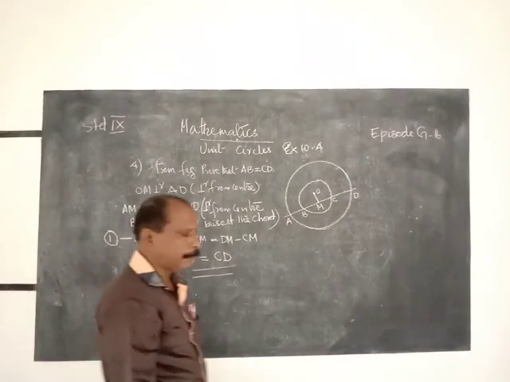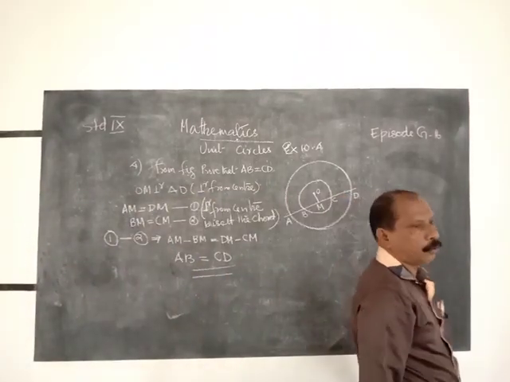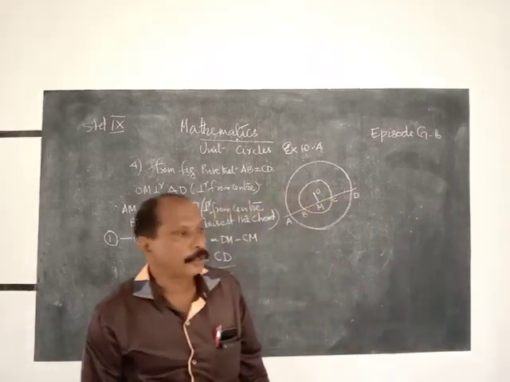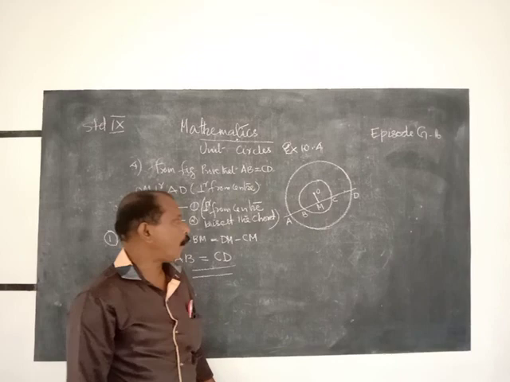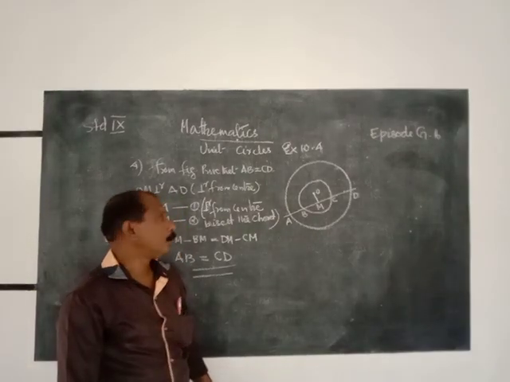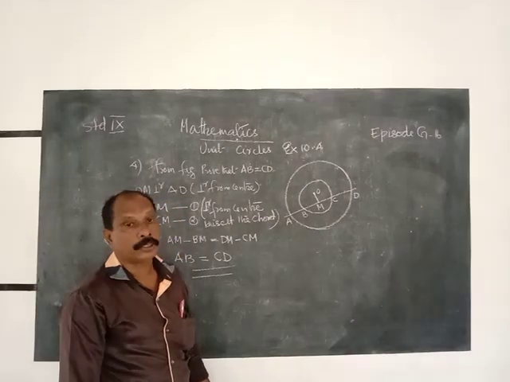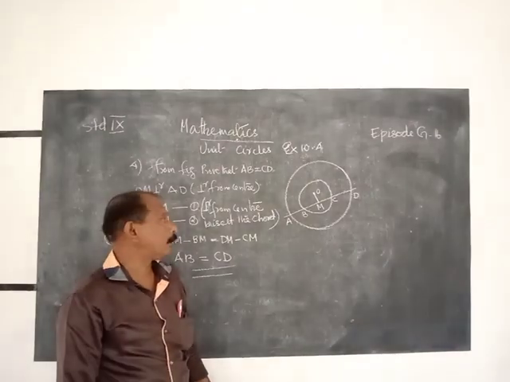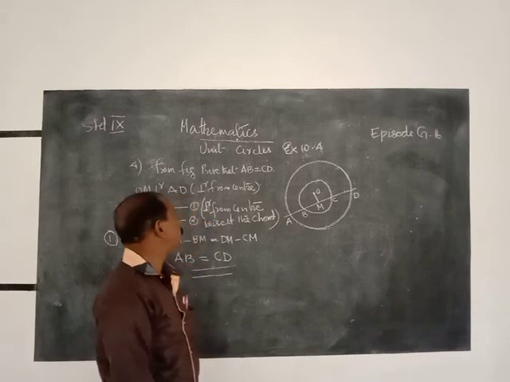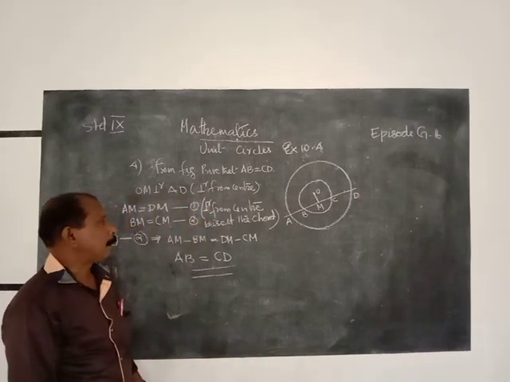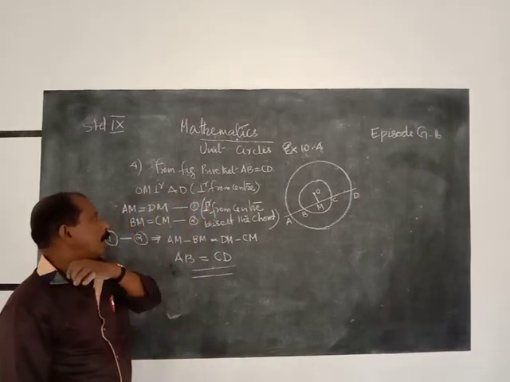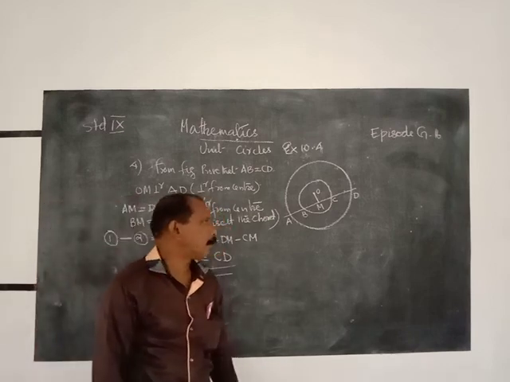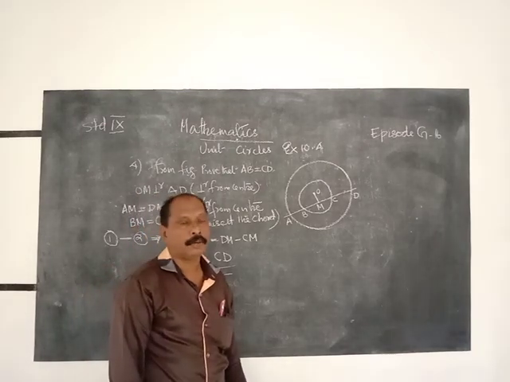That means any perpendicular from the center to a chord bisects the chord. That is the basic concept or basic theorem. Using that, we know that OM is perpendicular to the chord BC and also chord AD. Therefore, M is the midpoint of BC and also AD. Therefore AM is equal to DM, case number 1.